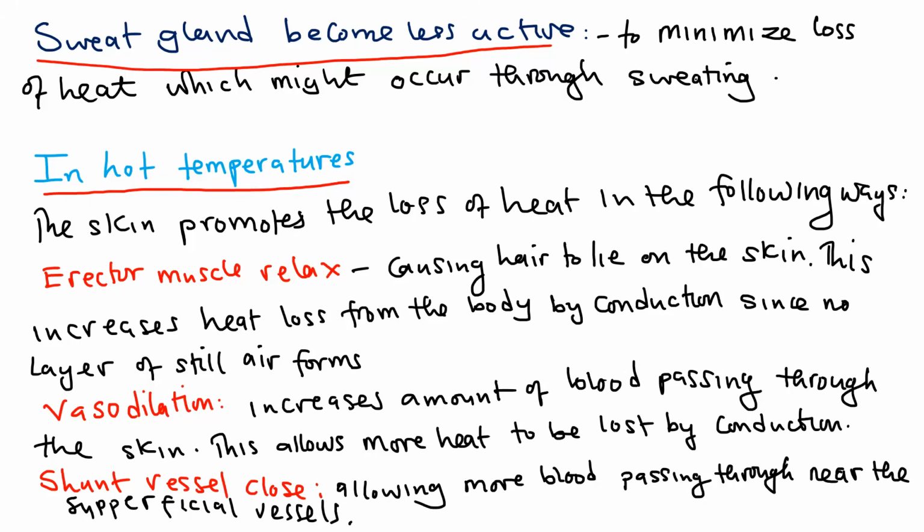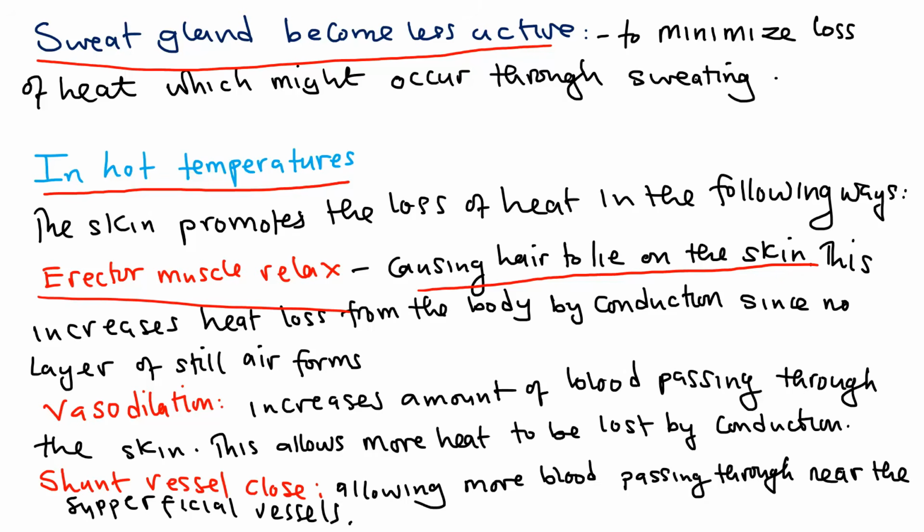So this time around, the erector muscle relaxes. Remember, in the cold, the erector muscles contract. So this time around, the erector muscle relaxes. And when the erector muscle relaxes, there's no pulling of the hair. So the hair lies on the skin. What is the importance of this?